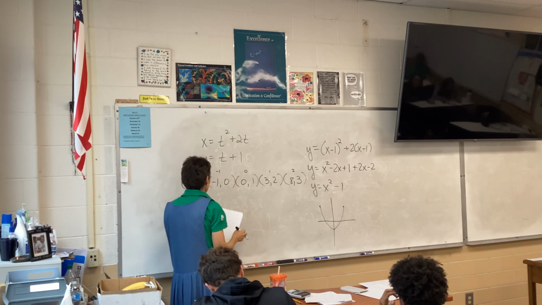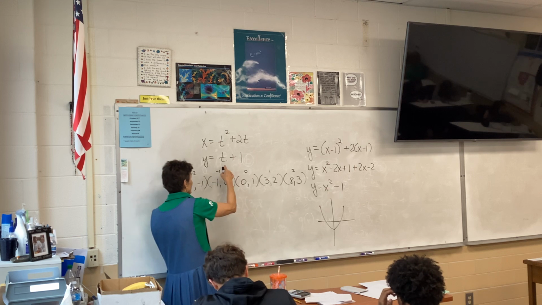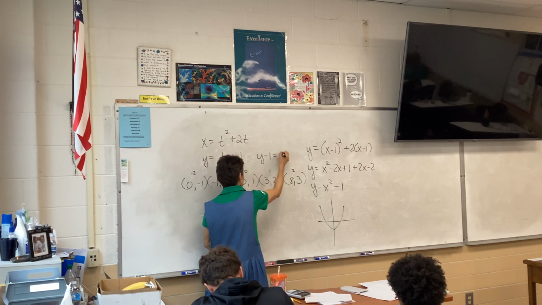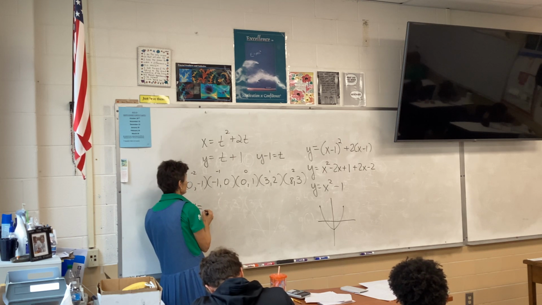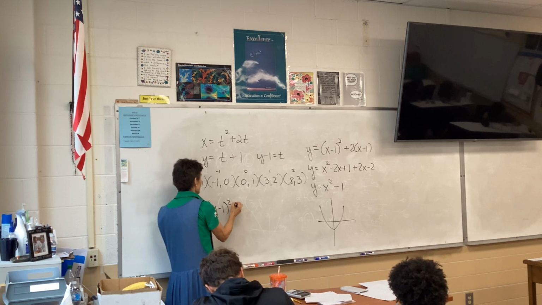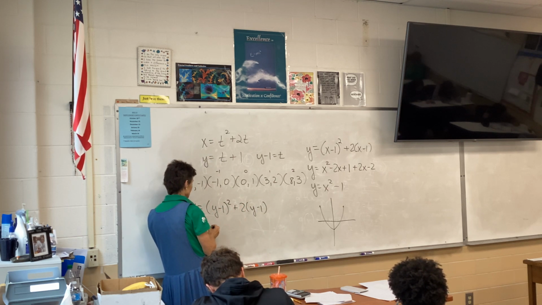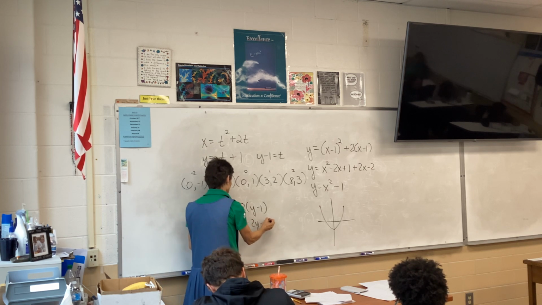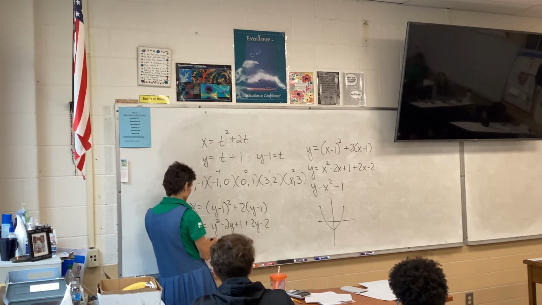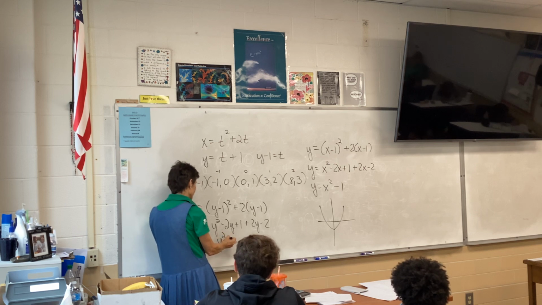Step 2, eliminate the parameter. All right, so this time, I'm gonna say y minus 1 equals t. So x equals (y minus 1) squared plus 2(y minus 1). Did you get x equals y squared minus 1?